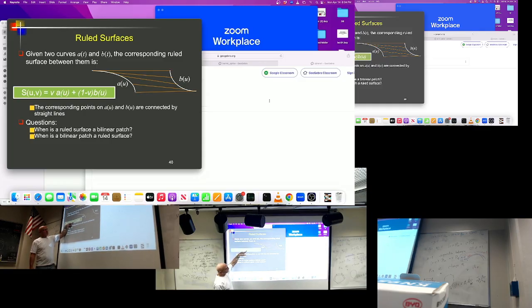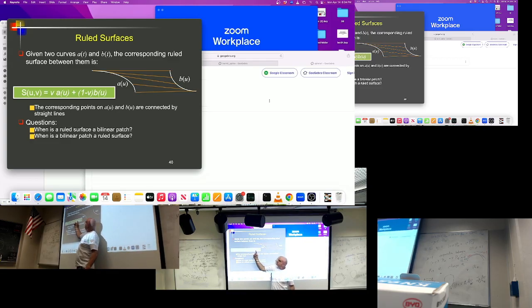That's A(U), that's B(U). Fixed U, and now change V between 0 and 1. This is a fixed point in 3D. This is fixed because you fixed U, a point in 3D. What are you doing when you have V and 1 minus V? You're creating a straight line segment connecting them.